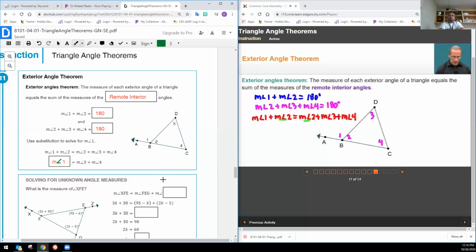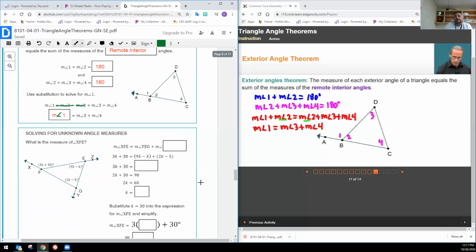And what does this leave us? Well, this leaves us with the measure of angle 1 equaling the measure of angle 3 plus the measure of angle 4, which is exactly what we were looking for, which was the measure of the exterior angle equal to the sum of the measures of the remote interior angles.